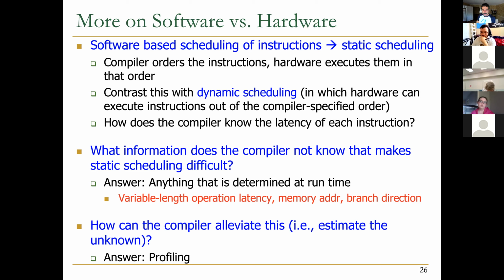And there are also some approaches that can help the compiler gain advantage of whatever the hardware knows.